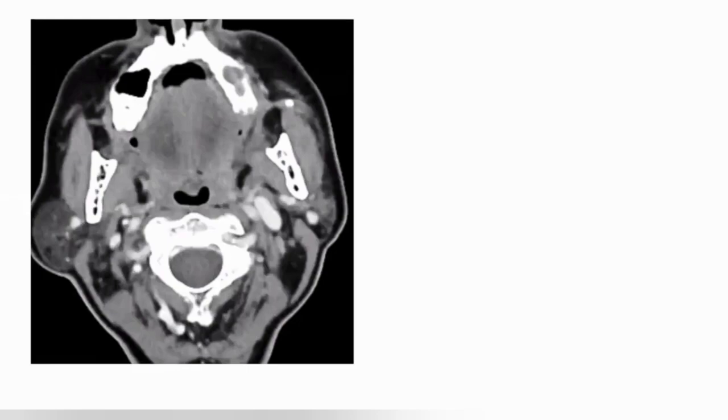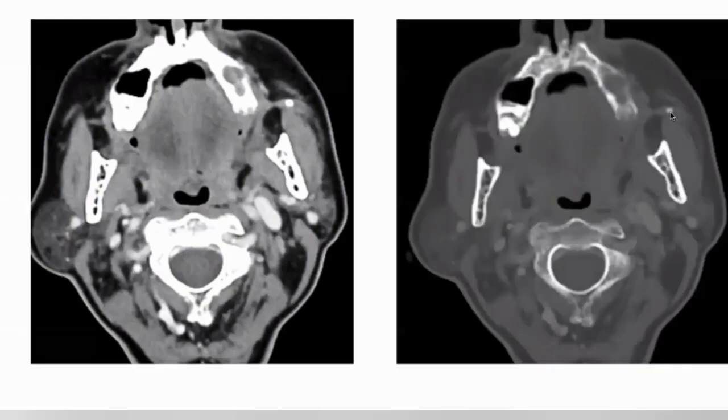So what is the name of this duct? Sorry, sir, I can't remember. Duct of Stenson. So you can see the dilation of the duct proximal to this stone, and if you see a bone window here, you can better appreciate this.